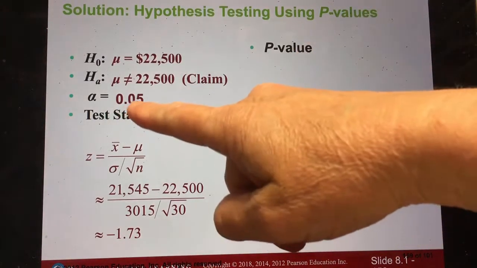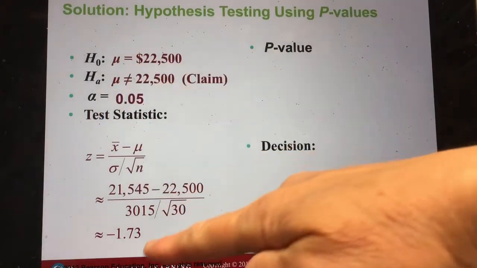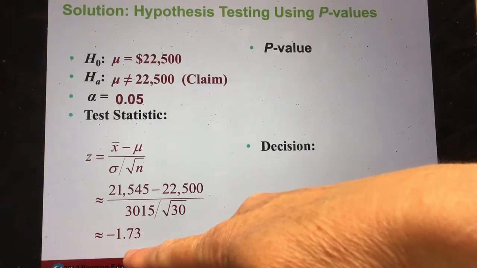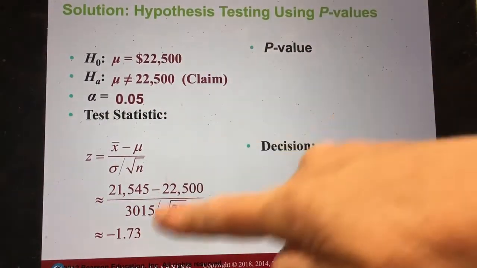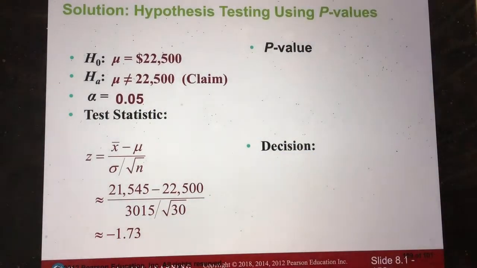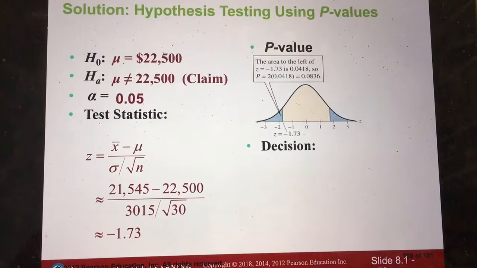Okay, so alpha is 0.05. Here's our test statistic, negative 1.73. They want us to use a p-value. So we're going to go to negative 1.73 on our standard normal, and we're going to get 0.0418.